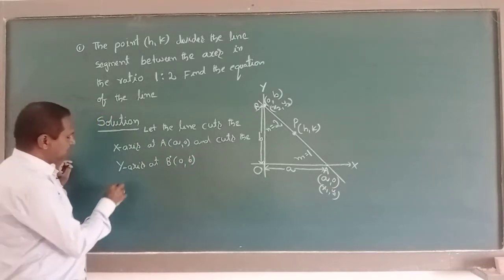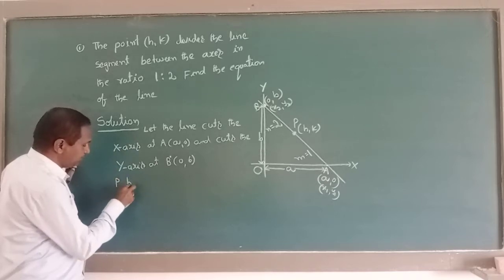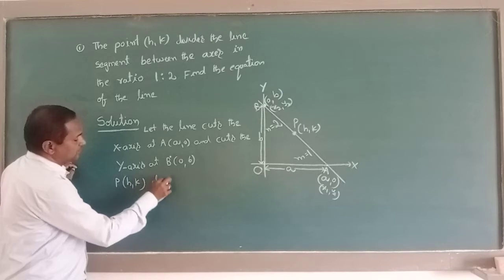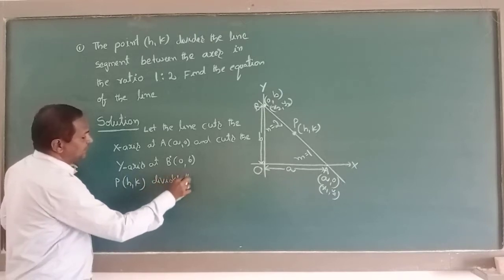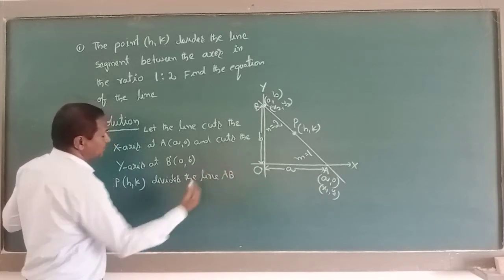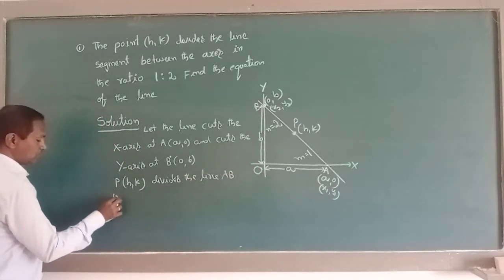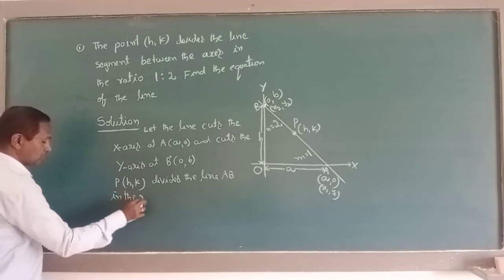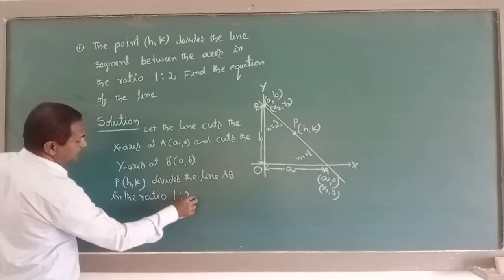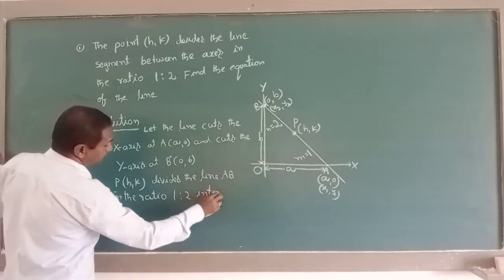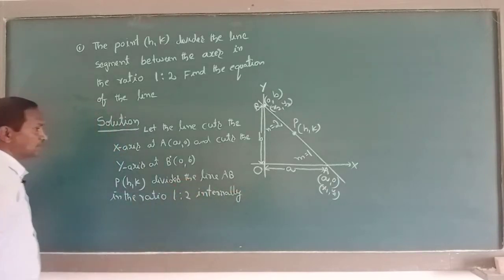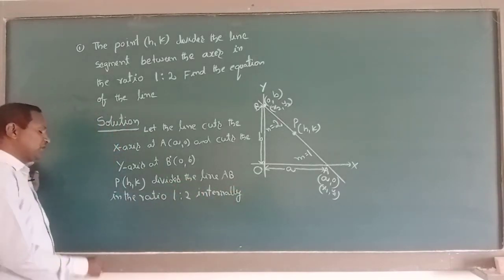And also P, h comma k, divides the line AB in the ratio 1:2 internally. That's why we have to apply this section formula.